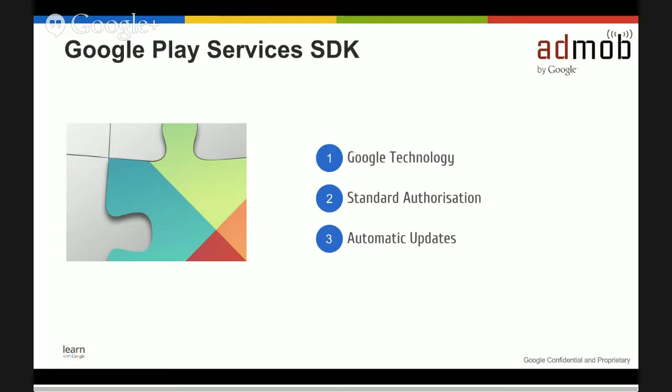For example, one great feature is automatic updates. If we make a push to the SDK, which makes an improvement, perhaps it fixes a bug or makes a new feature advancement, then you don't need to push that update to your users, we'll push it to them. So that means you can be using the latest features from AdMob without needing the users to update your app. This is a really great new feature that our developers have been calling for. We're really proud to bring this to you with the Google Services SDK.